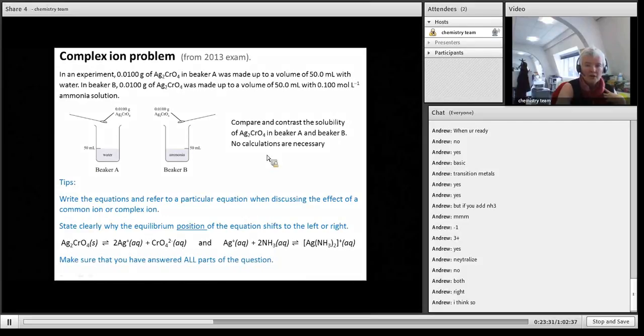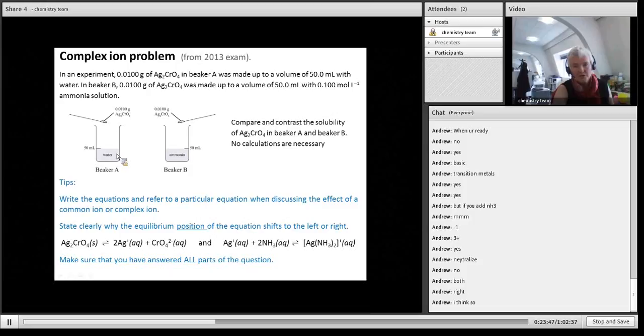So you've got to compare and contrast the solubility. So you can't just talk about the equations. You'll have to have a final statement to say that the silver chromate in ammonia is more soluble than the silver chromate in water, because you've got to explain the solubility in beaker A and beaker B.